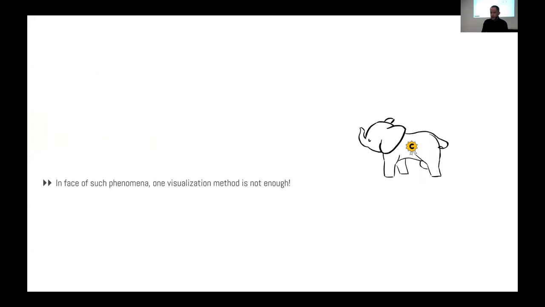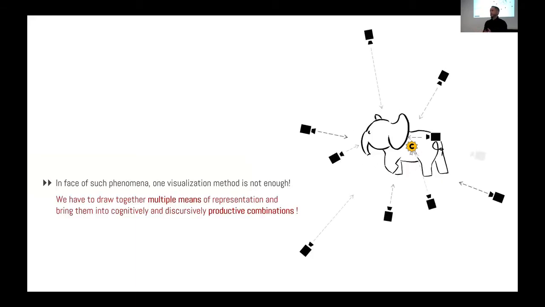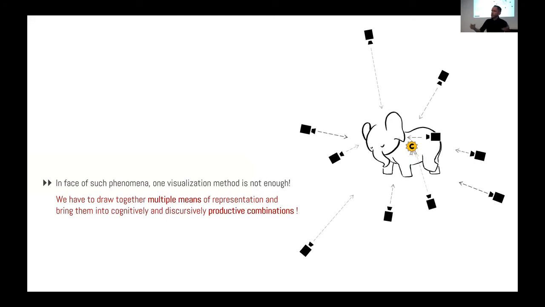In this case, we should consider this mantra that one visualization method is not enough, but we have to draw together multiple means of visualization. And we have to very selectively make use of the whole repository of visualization methods that is already available.